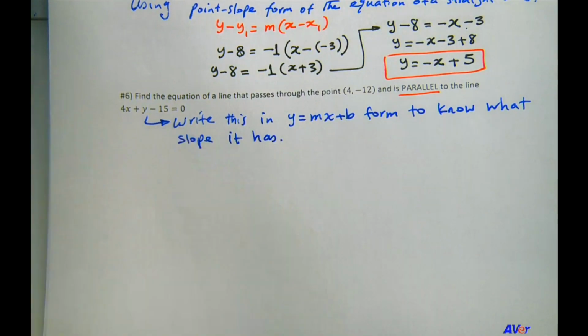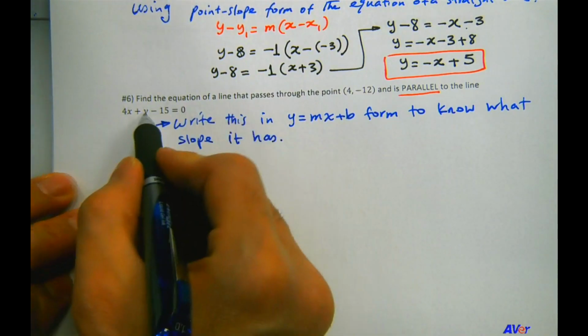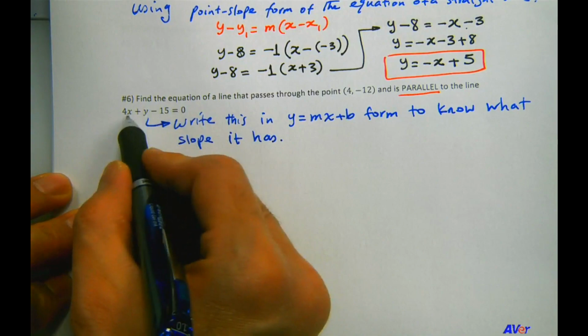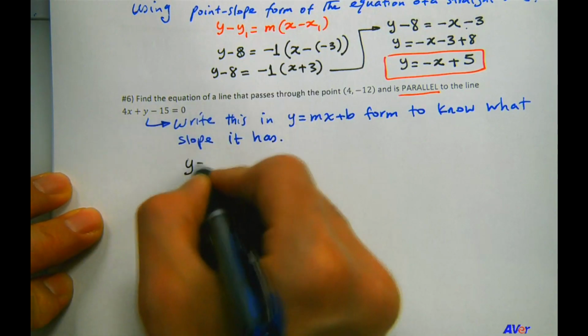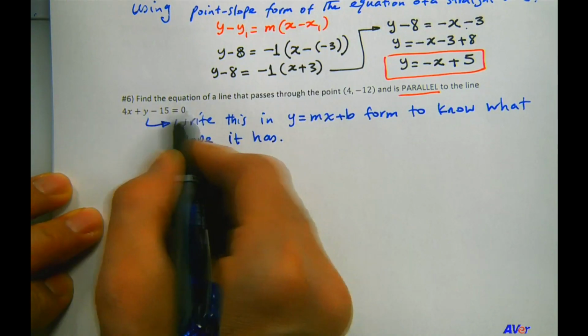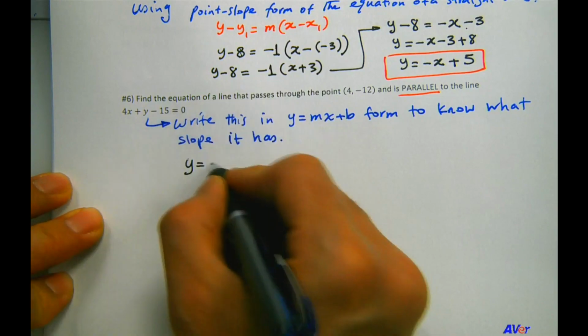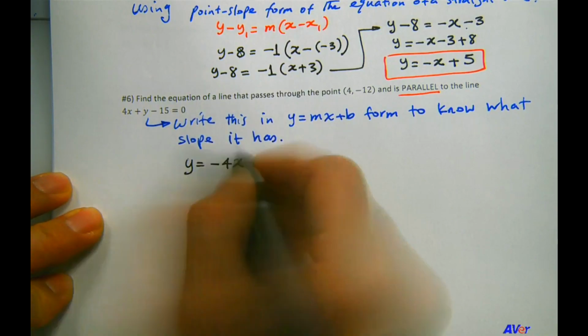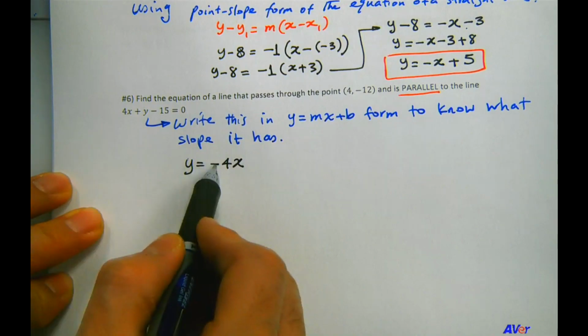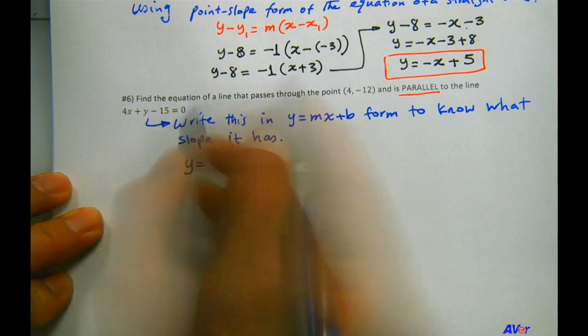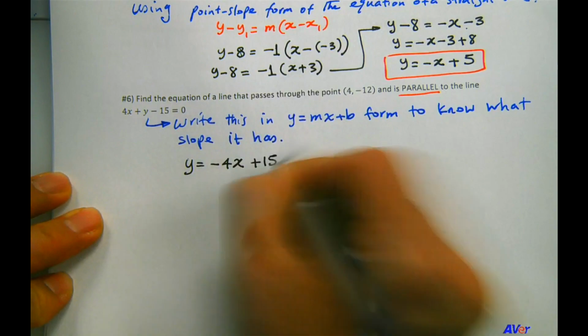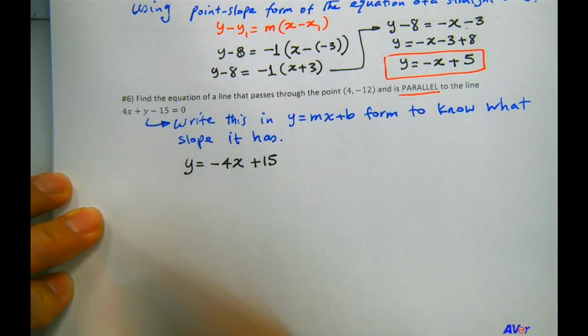Okay, so let's do that. We're going to keep y on this side. We're going to move the 4x and negative 15 to the other side. So 4x moved to the other side of the equality symbol becomes minus 4x, right? It changes the algebraic sign to opposite. Negative 15 moved to the other side becomes positive 15, and we're done. So it took us a few seconds.